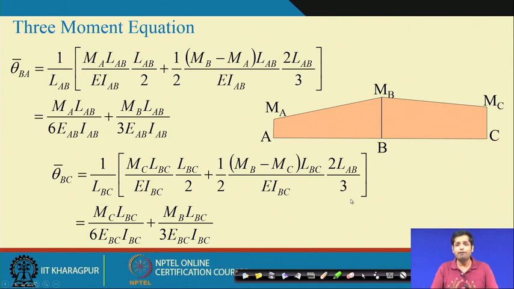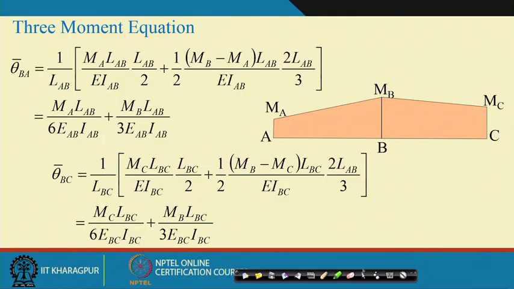So, once we have all the rotations, for the primary structure subjected to external load and the basic determinate structure subjected to the redundant force, the next step is to relate these deformations to each other so that the compatibility in the actual structure is satisfied, right.